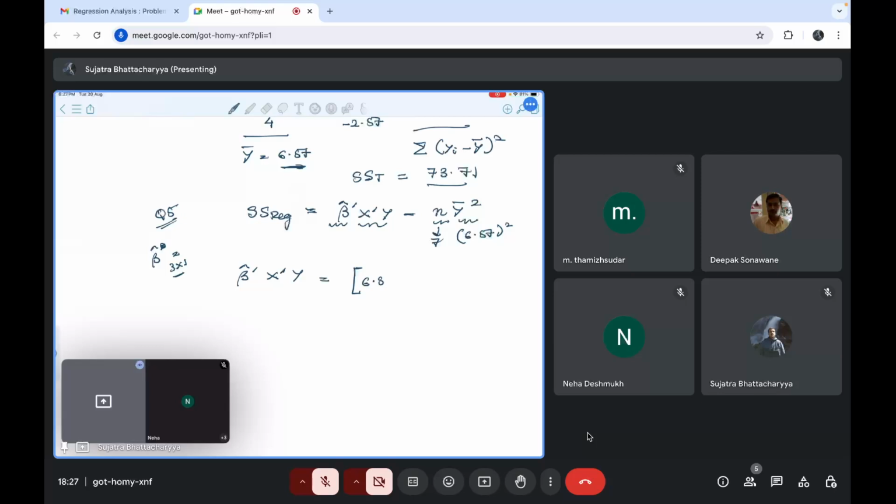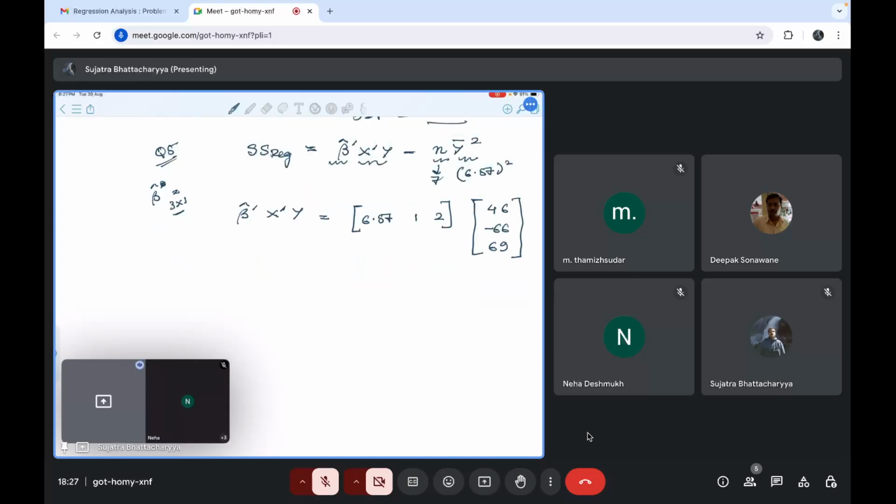So just take the transpose. This is beta hat prime. What about x prime y? We have already calculated. This is 46, minus 66 and 69. So when you finally do the matrix multiplication, you will see that it comes out to be 374.2.